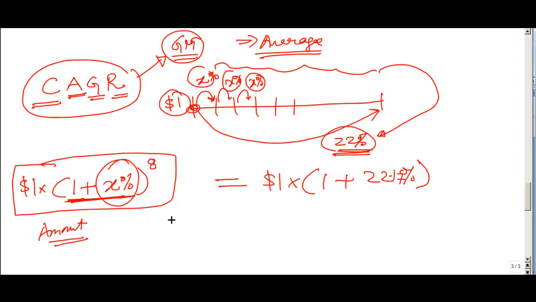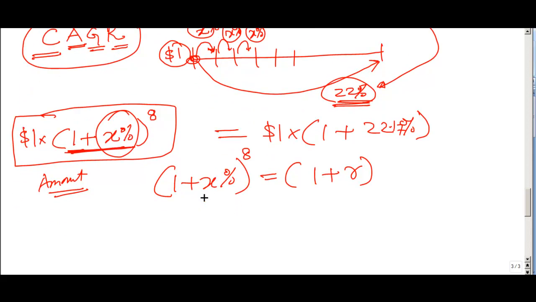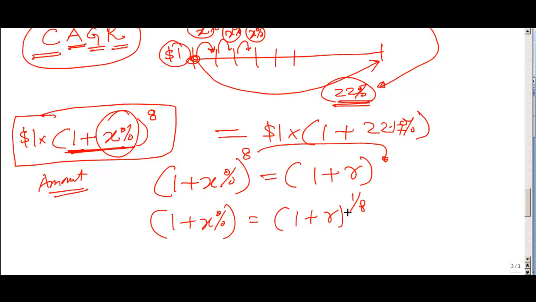Now how do you compute this X? Eliminating that $1, it becomes 1 plus X%, and here we put R, with the power 8. So this 8 will go over here: 1 plus X% will be equal to 1 plus R to the power 8, correct?